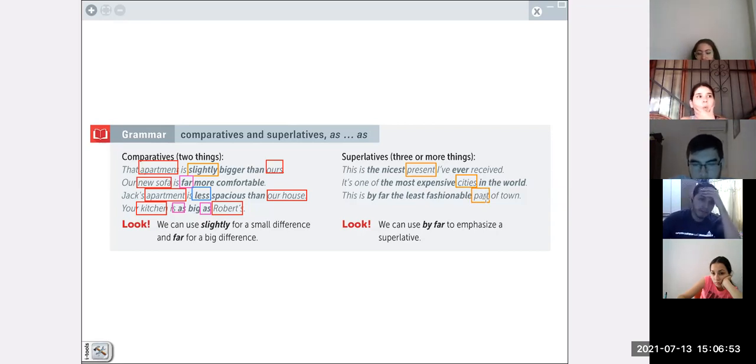Entonces comparamos una cosa con el resto del mismo grupo. Luego it says, we can use slightly for a small difference and far for a big difference. This is something we saw before, right? We can use by far to emphasize a superlative. Recuerden que estos dos se utilizan con comparatives y by far se utilizan con superlatives. ¿Ok?